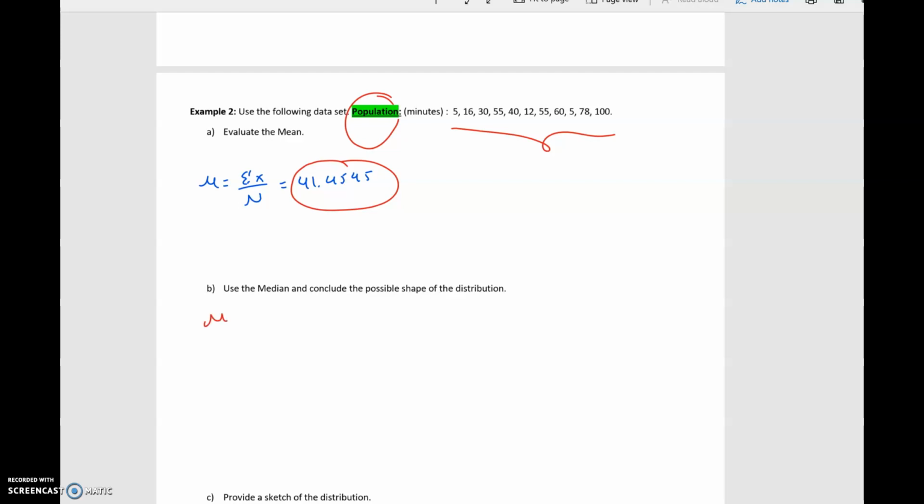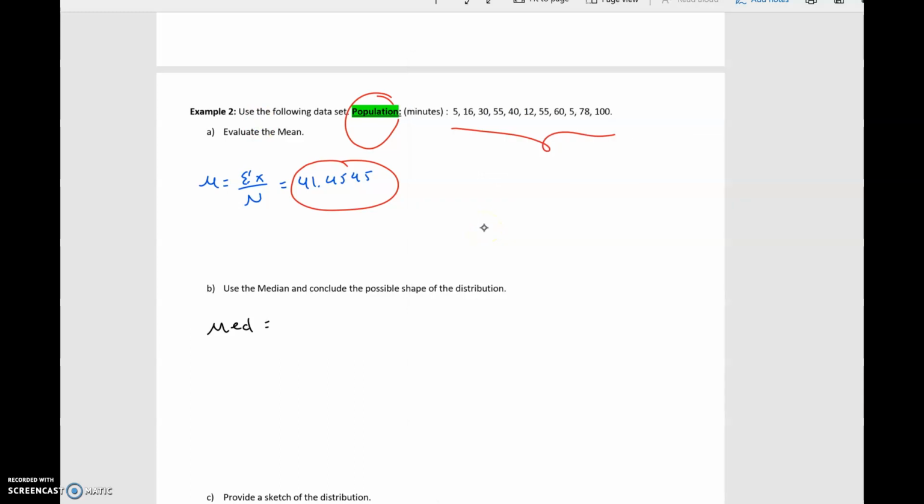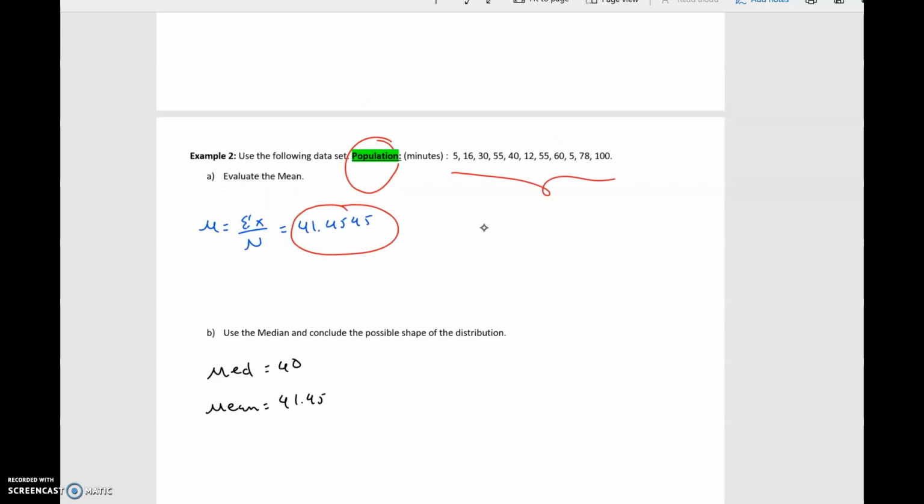Your median is equal to 40. And then the actual mean happens to be 41.45. So in this situation, we're looking at the mean being greater than the median.